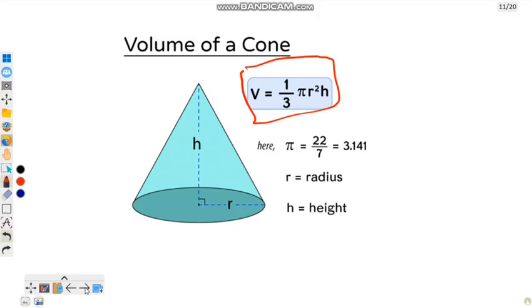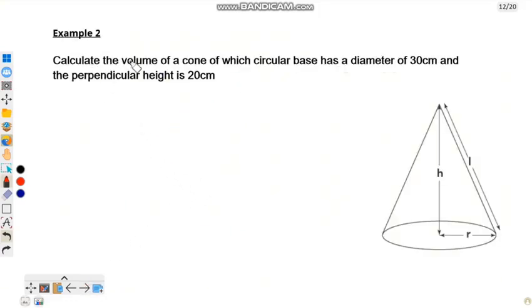Let us look at an example. Say they give us this question: calculate the volume of a cone whose circular base has a diameter of 30 centimeters and the perpendicular height is 20 centimeters. So the height is 20 centimeters, and the circular base has a diameter of 30. We don't need the diameter, we need the radius.